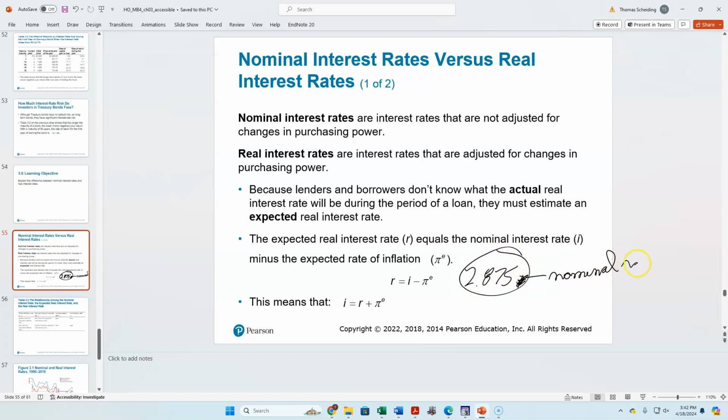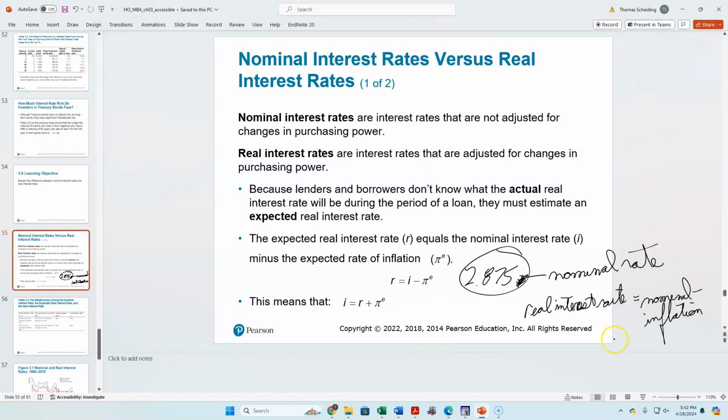The nominal rate meaning what I would see on my bank book, on my mortgage statement. The real interest rate in essence reflects the nominal minus inflation.